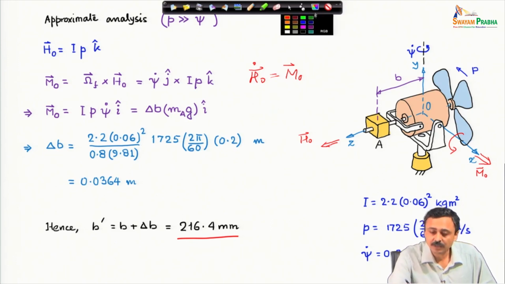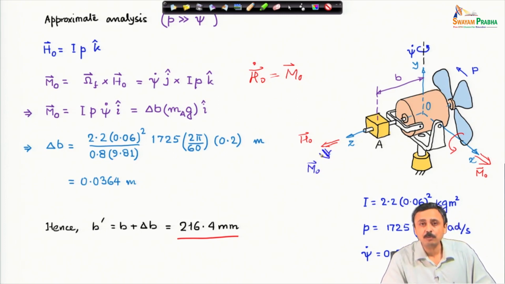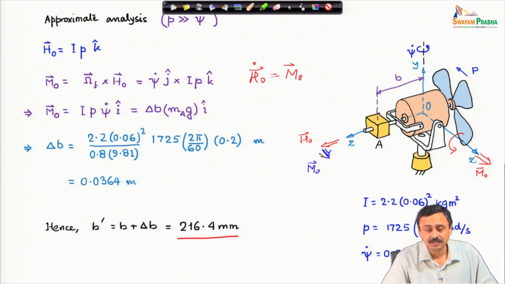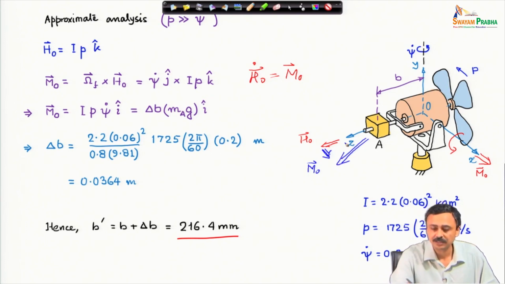This is the direction of the applied moment. Therefore, the angular momentum must change in this direction. In other words, the angular momentum should rotate in this direction.